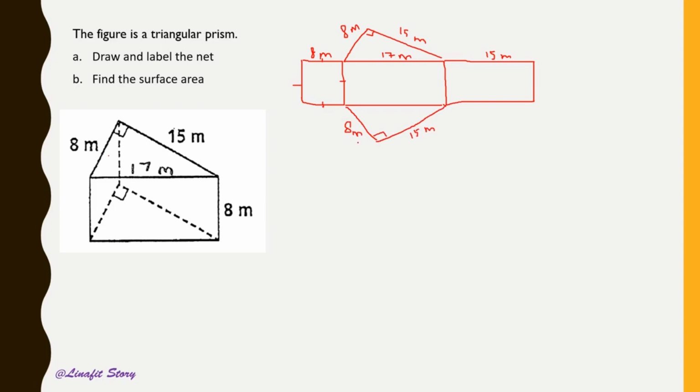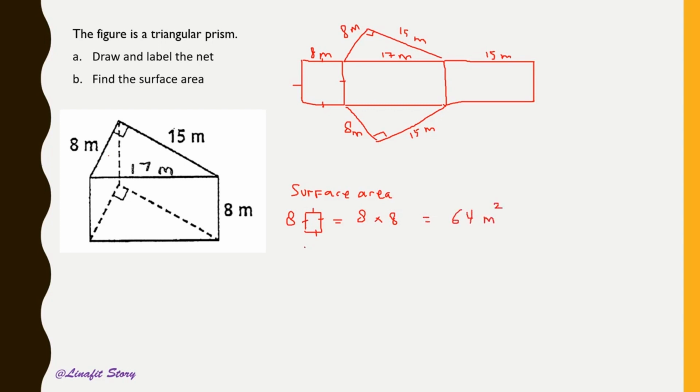Now we will find the surface area. The surface area of a square of side 8 meters. The area of a square is side times side. 8 times 8 equals 64 square meters.